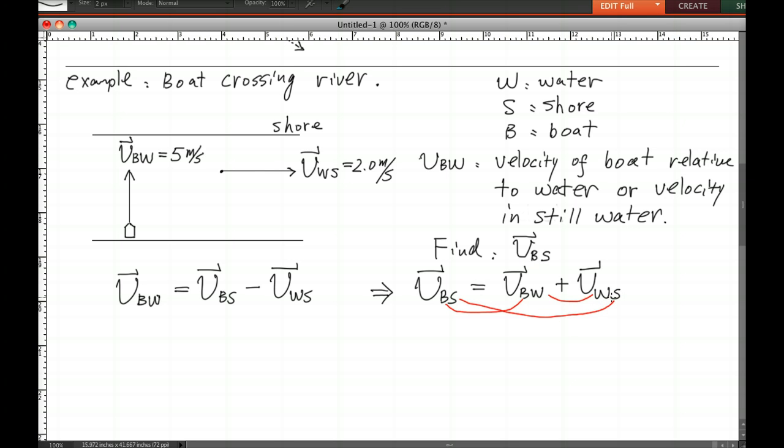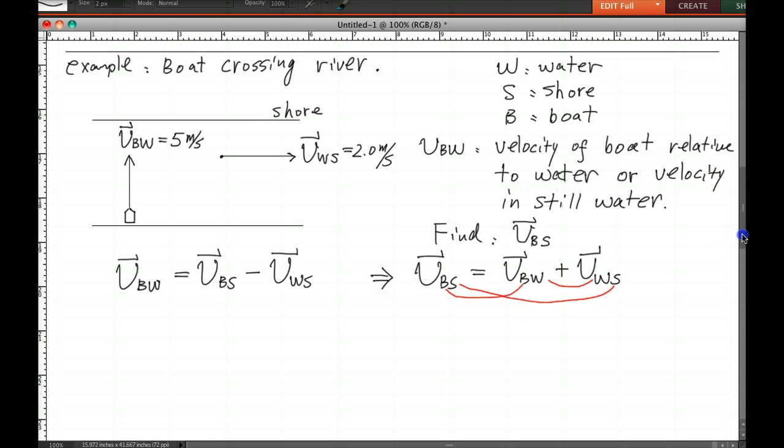Some people like to memorize the formula this way. Again, this formula is equivalent to the other one. If you can make sense of it, you can always start with the subtraction formula and transform it to this to help you do the math. But if you want to always start with this, not a problem, you can memorize this pattern. As long as you label them correctly, you should have an addition equation for all similar questions.